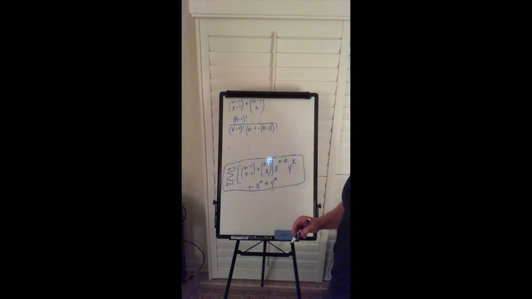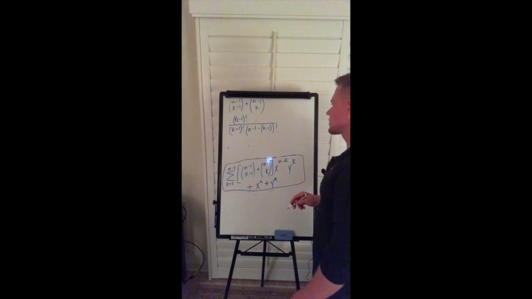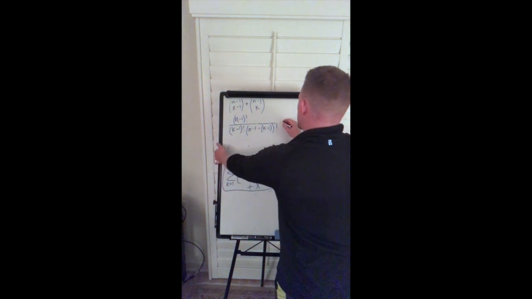That's just using the definition of a combination. We're going to do the exact same thing here, and we're left with n minus 1 factorial over k factorial times n minus 1 minus k factorial.